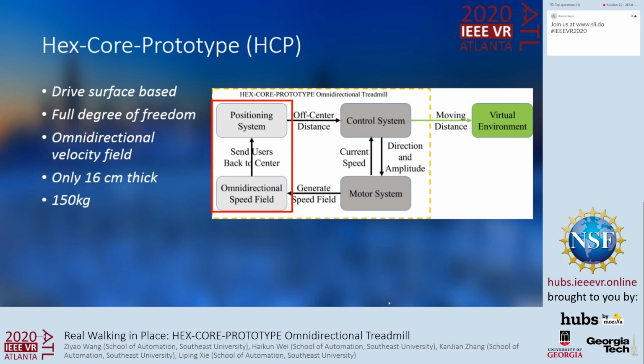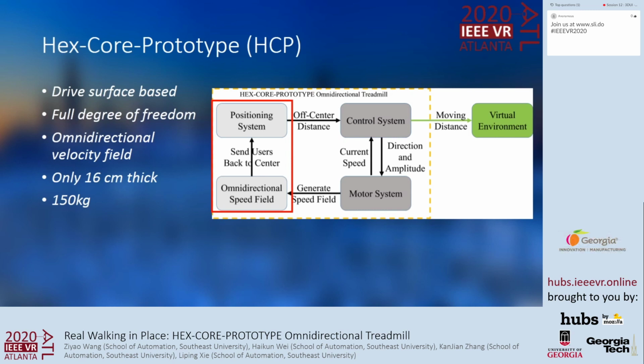The output information of our system is the user's moving distance. It could be calculated by the control system based on the off-center distance and the current speed. We apply a traditional control strategy, that is a PID controller in the control system.